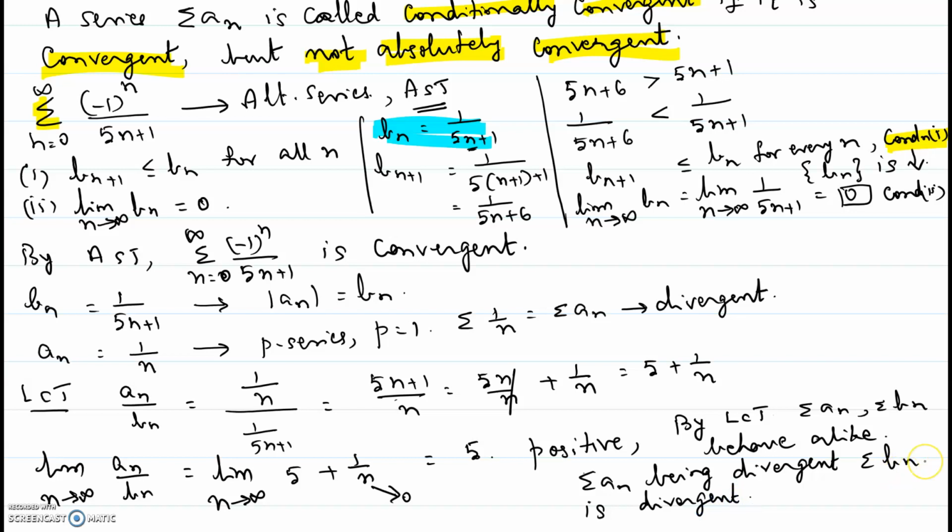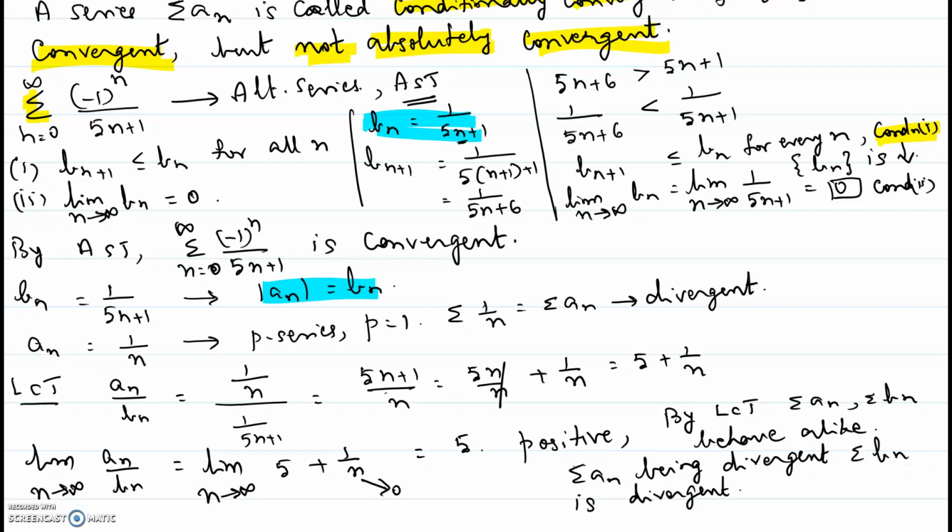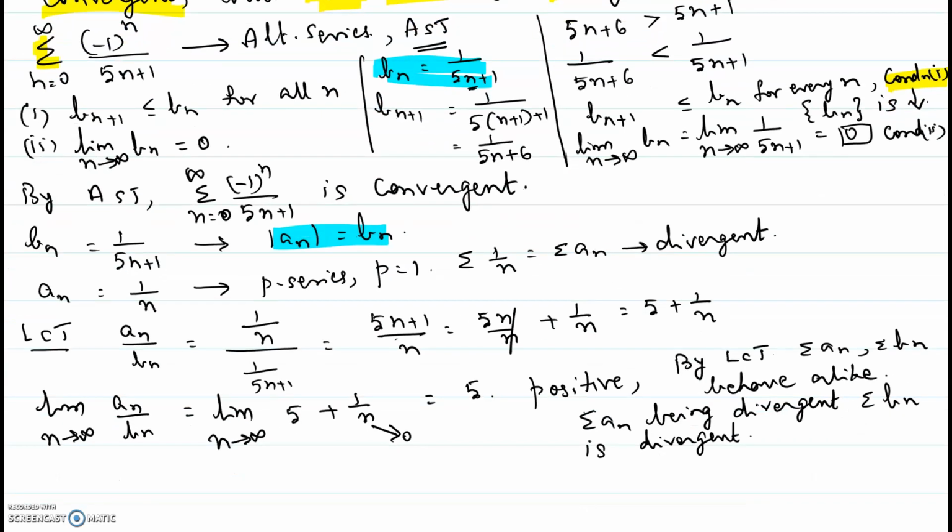But what is sigma bn? We initially mentioned that sigma bn is nothing but sigma absolute an. So we can say here that sigma bn, which is actually sigma absolute an, is divergent.